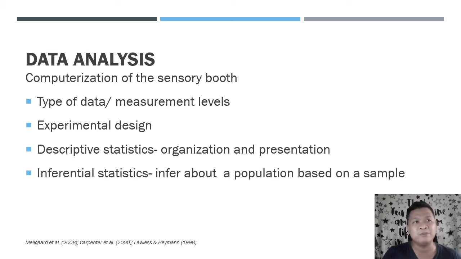For example, a significant difference in acceptability scores of 6, which is like slightly, and 7, which is like moderately, may not always translate into being purchased more often. Perhaps price is a stronger factor in the purchase of the person, or the packaging perhaps would play a bigger role in enticing people to purchase.